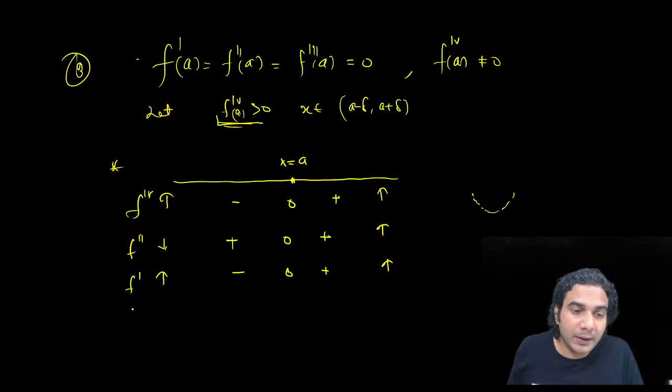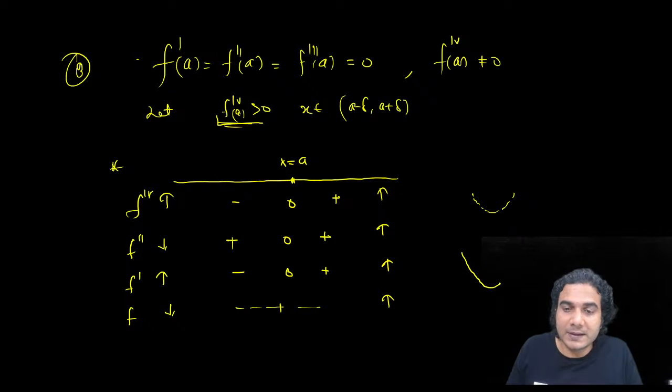And now we will check about f. So you can see f is, because f dash is negative, so f is decreasing here, and then f is increasing here. Okay, so it is changing its sign. f is first decreasing and then it is increasing, and at this point the derivative of f is 0, going from negative to positive.